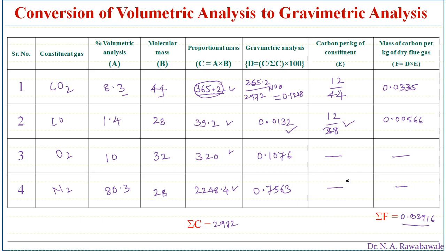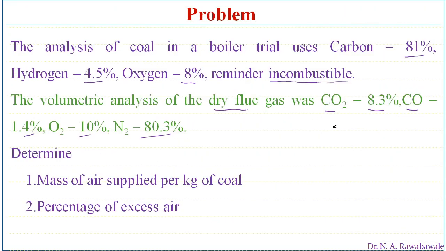Now coming to the next thing. Therefore, for 0.81 kg of carbon, in this problem itself it is given that the percentage of carbon is 81%.